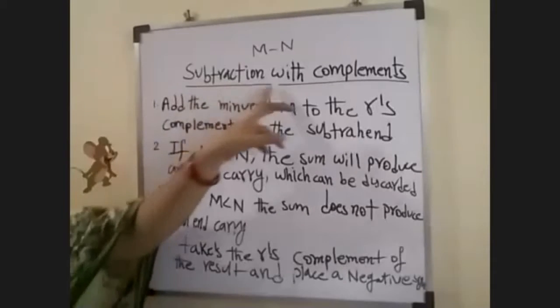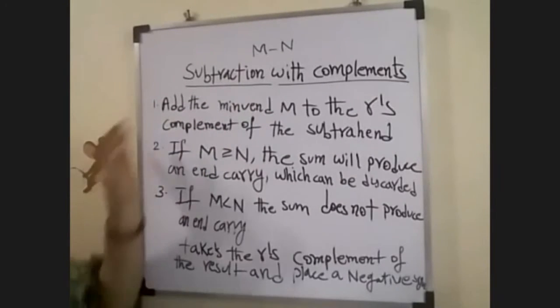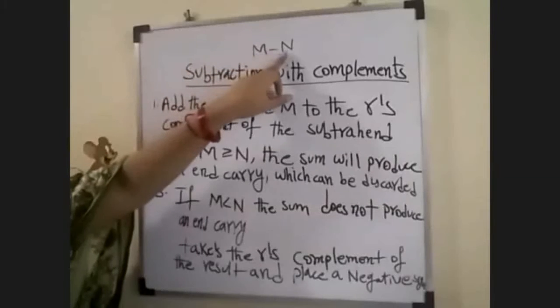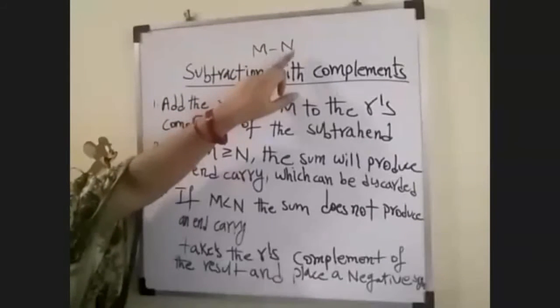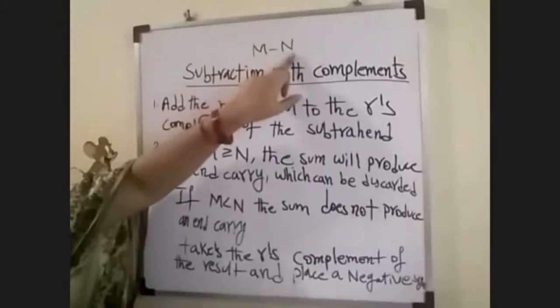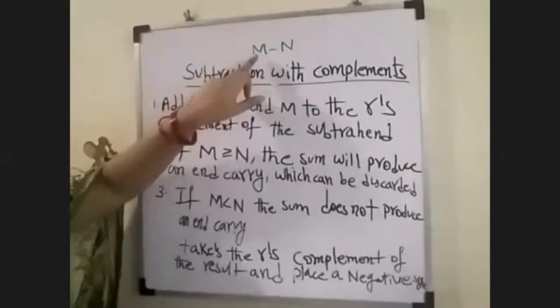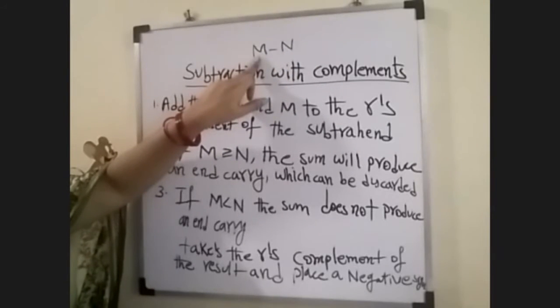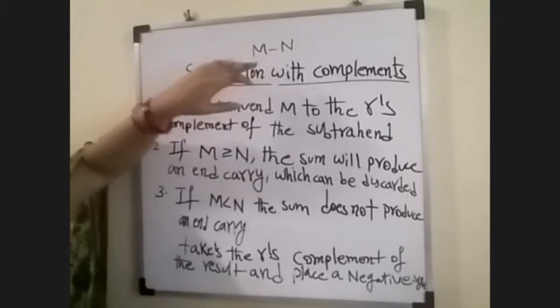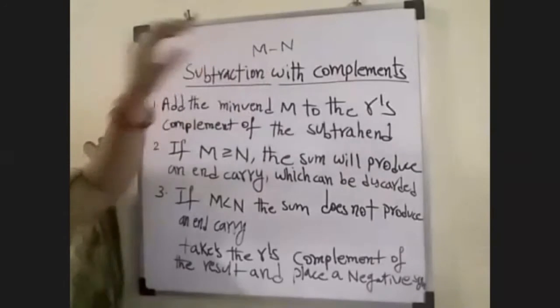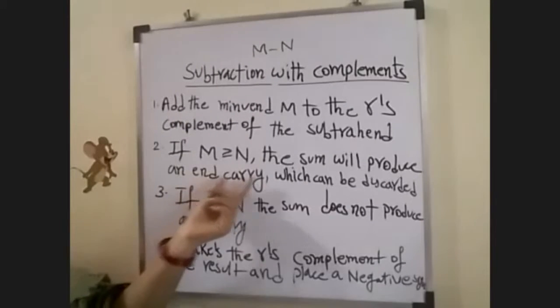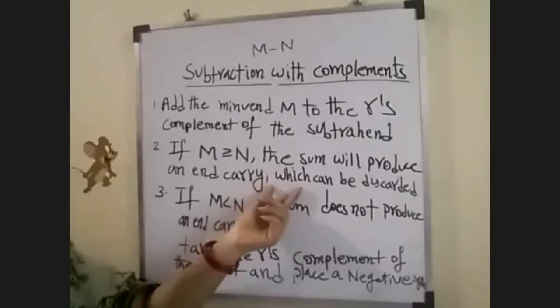So, subtraction with complements. Here there is M and N. M is the minuend and N is the subtrahend. Take the complement of the subtrahend and add it to the minuend value. While adding, you will get some result. If there is an end carry in that result, it can be discarded.